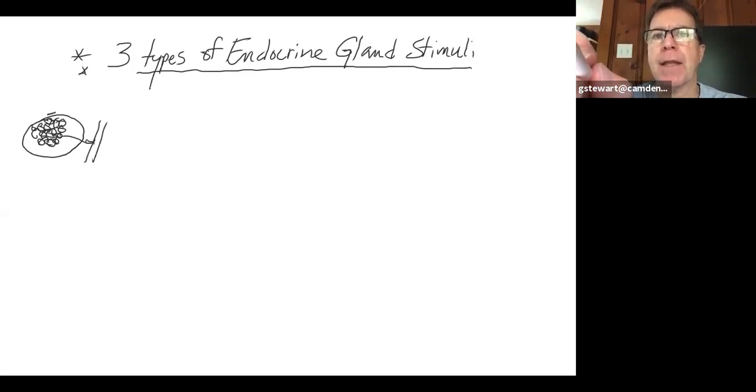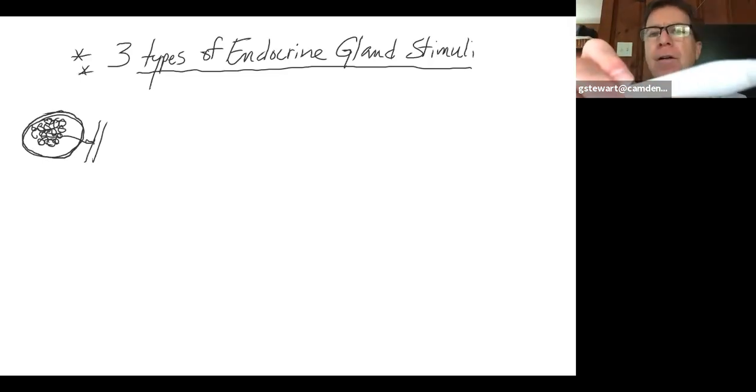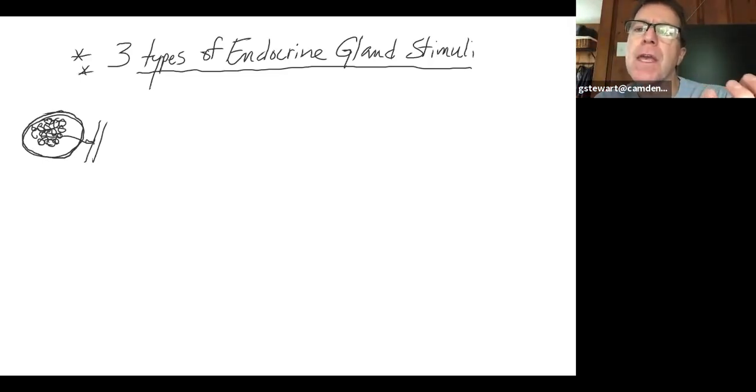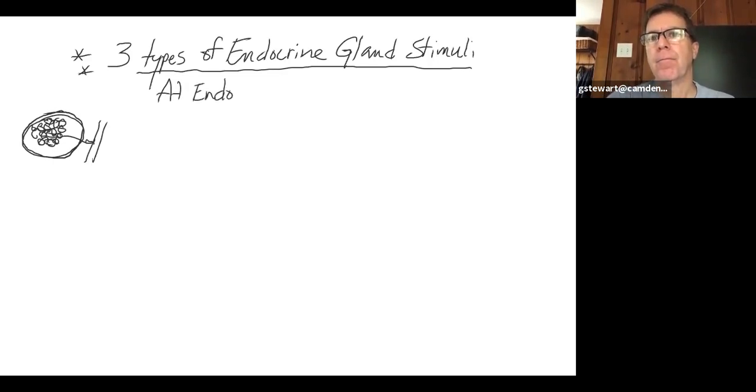So we're actually at the endocrine gland itself, and we're talking about what stimulates it to synthesize and secrete a hormone. So we are at the endocrine gland, not the target cell.